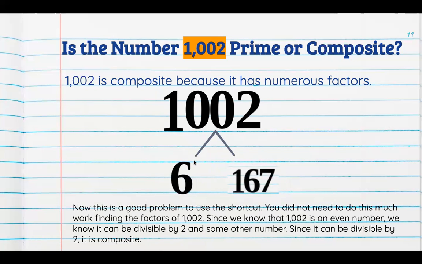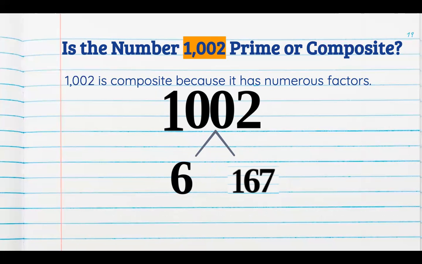So now this was a good problem to use a shortcut because you did not need to do this much work finding the factors of 1002. Since we know that 1002 was even, we know it could be divided by 2 and some other number. So the 2 was right here. We knew that it could always be divided by 2.